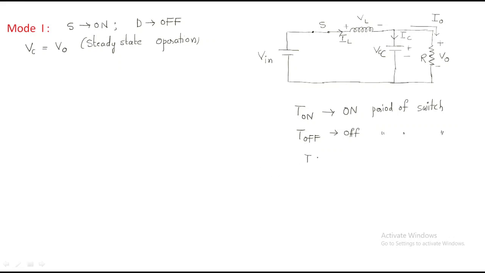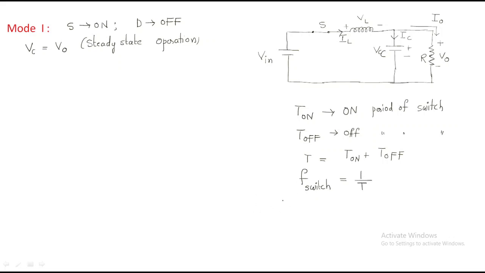Then the total time period is the on period plus the off period. The switching frequency is inversely proportional to the time period, 1 by time period.